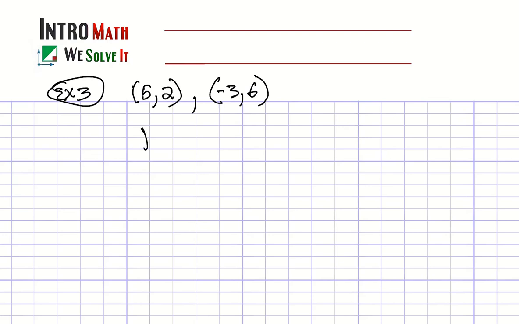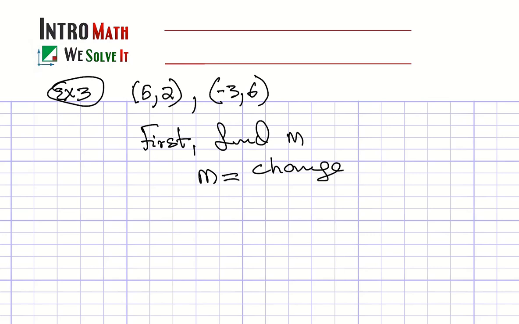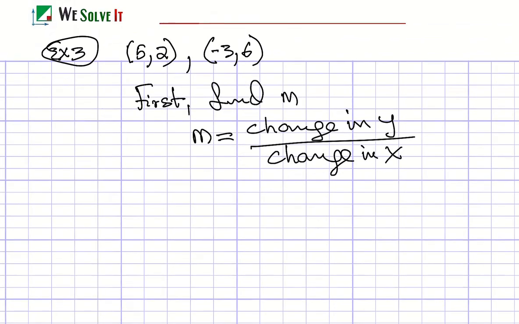So let me write that first. First, find the slope. Find m, okay? So remember, m we said before is change in y over change in x, okay? So basically it doesn't matter which one you use, but we're gonna do it this way.